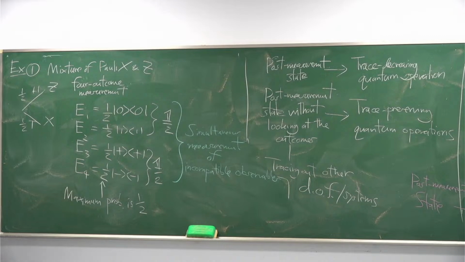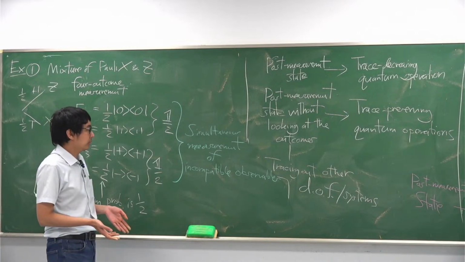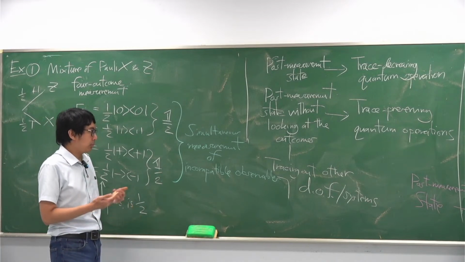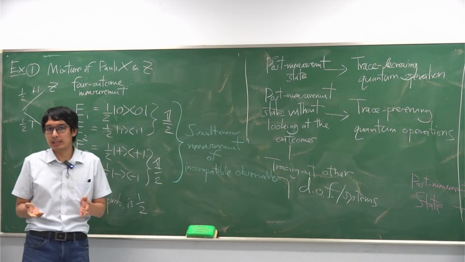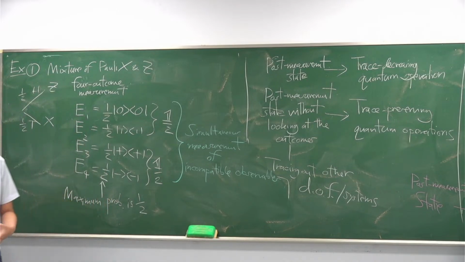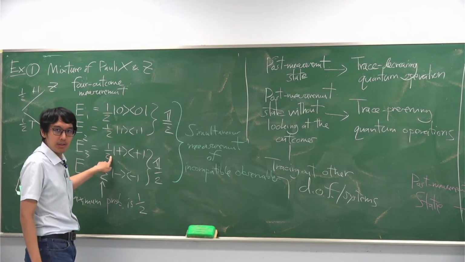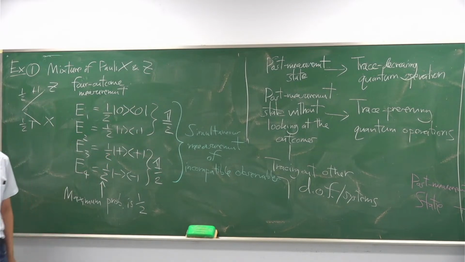So the product of the variances of the two has to have some non-zero spread, but it doesn't strictly forbid simultaneous measurement. It just says if you add enough noise, and in this case it's a factor of 1/2 here, you can make both measurements at the same time.